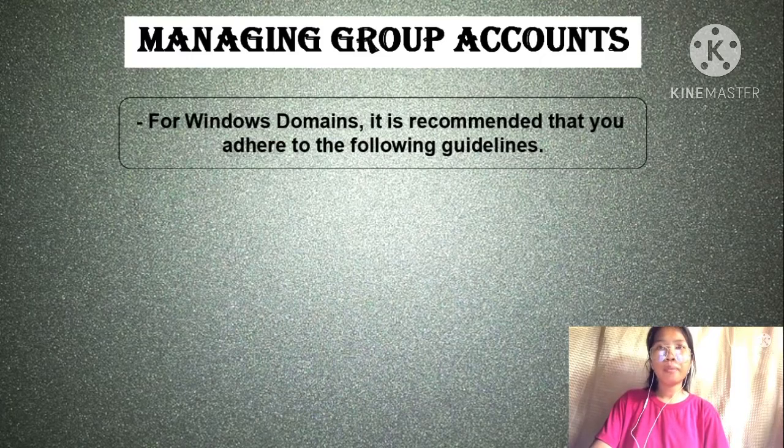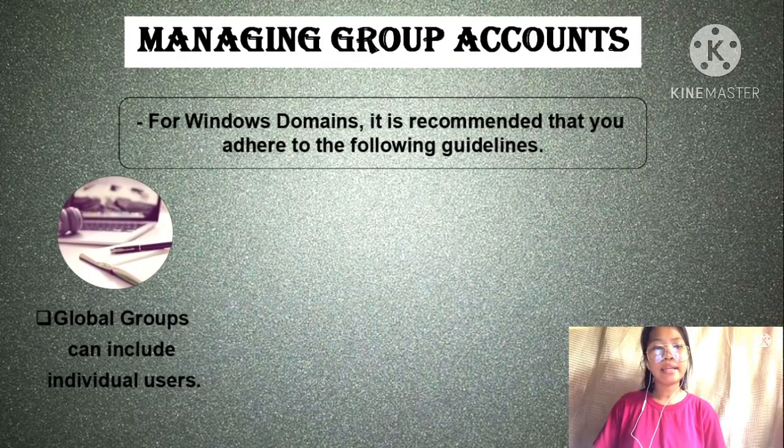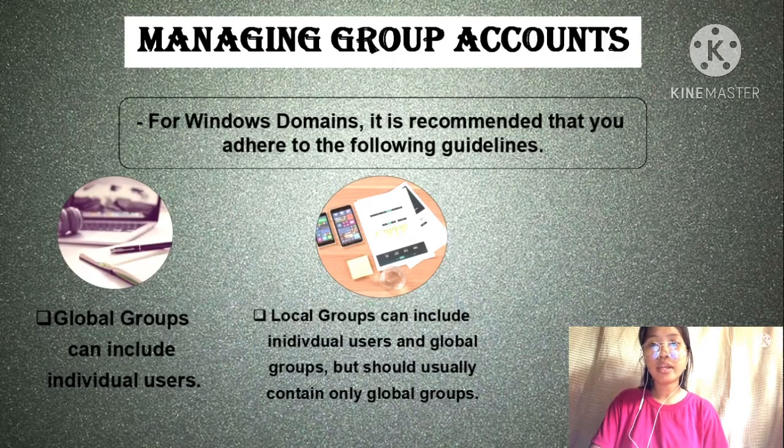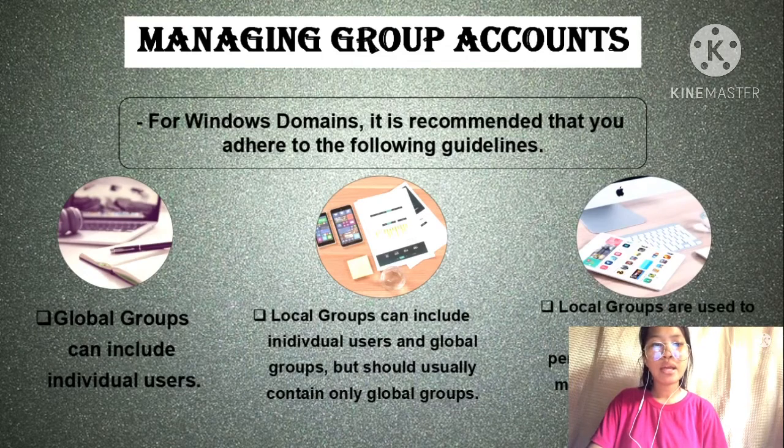For Windows domains, it is recommended that you adhere to the following guidelines. First, global groups can include individual users. Local groups can include individual users and global groups, but should usually contain only global groups.